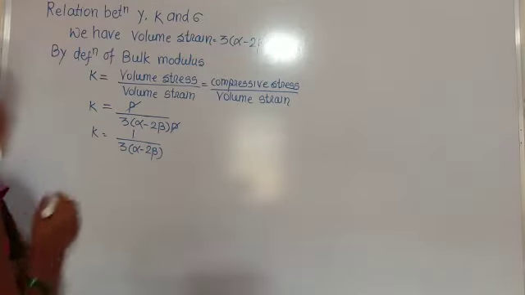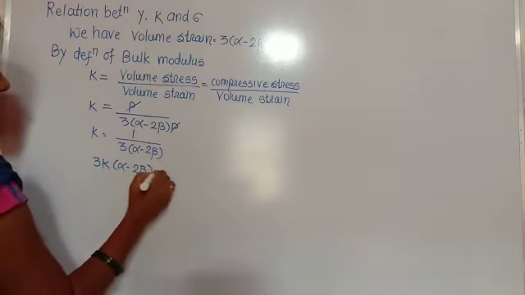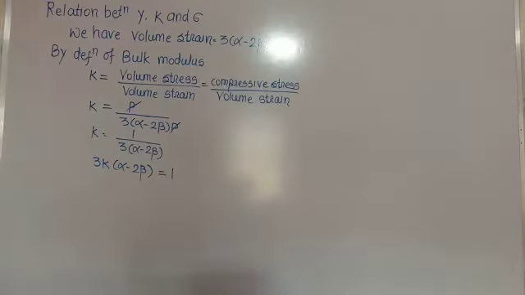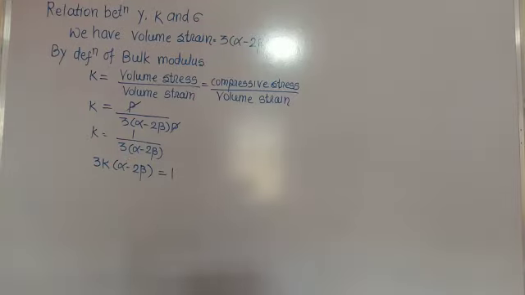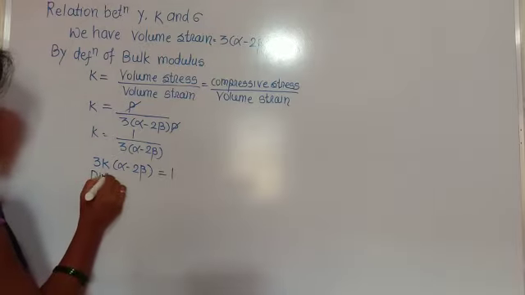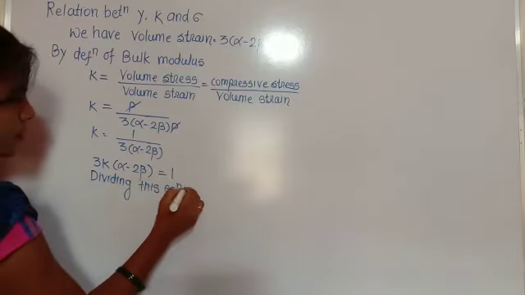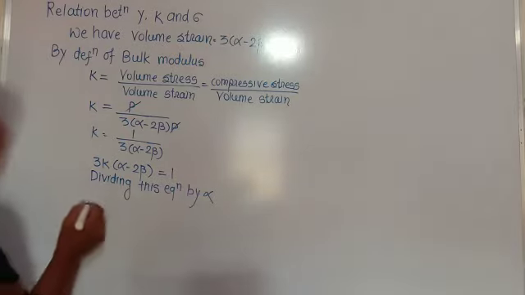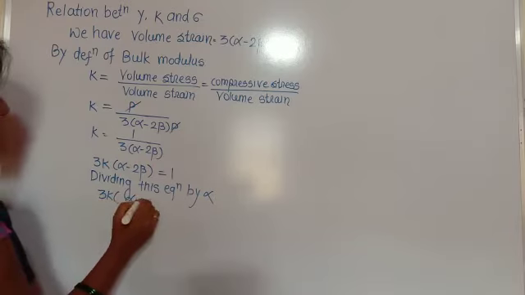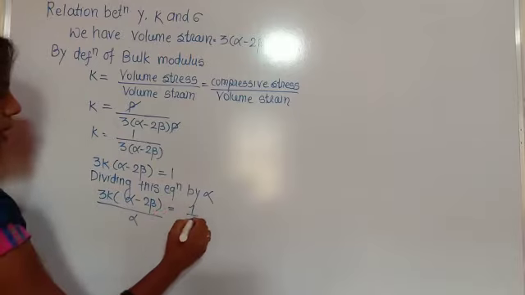By cross multiplication, 3K times (alpha minus twice beta) is equal to 1. Dividing this equation by alpha on both sides, we get 3K (alpha minus twice beta) divided by alpha is equal to 1 by alpha.